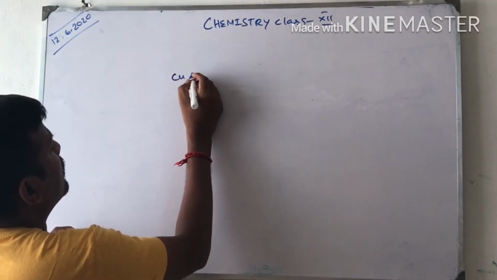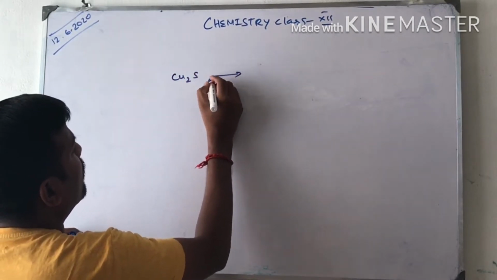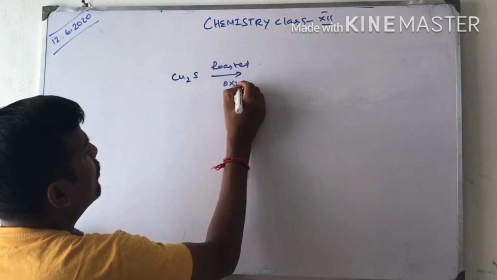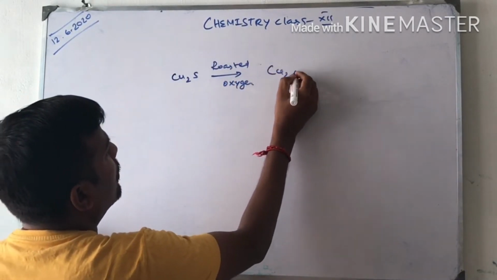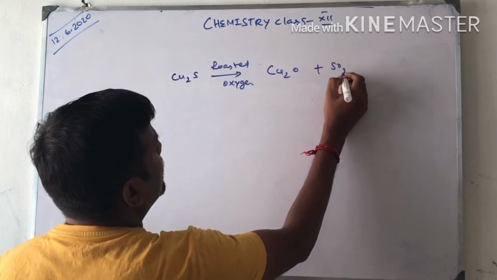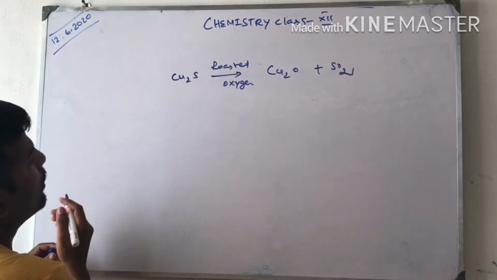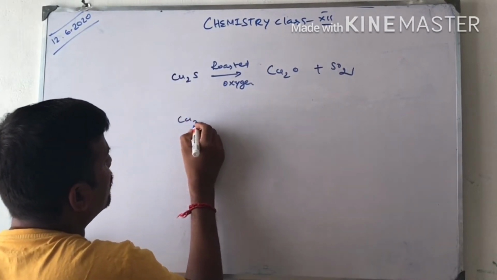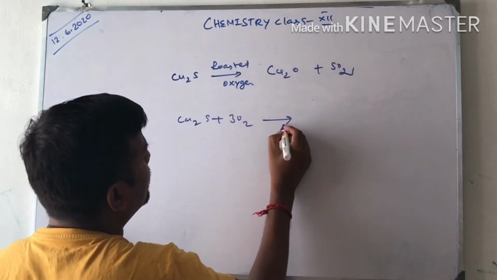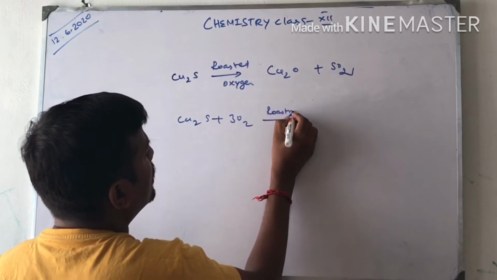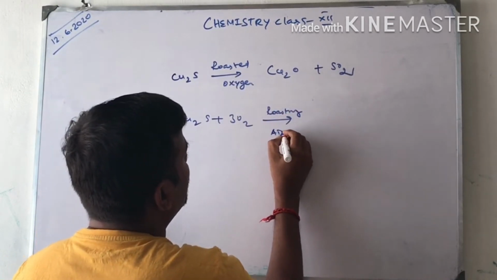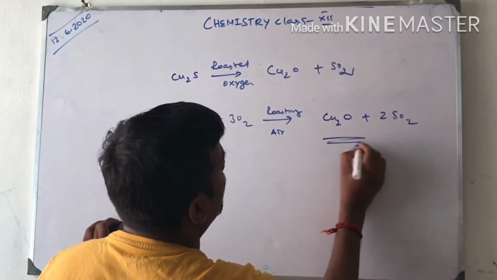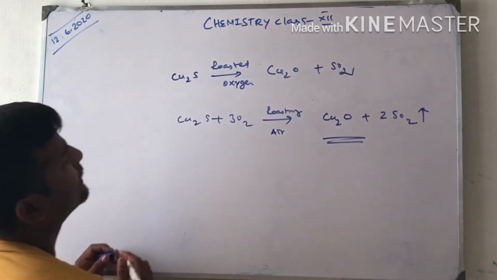First, copper glance should be roasted in the presence of oxygen to form copper oxide plus sulfur dioxide. We can write it like this: Cu2S plus 3O2, roasting in the presence of air, gives Cu2O plus 2SO2. The final product is sulfur dioxide gas.